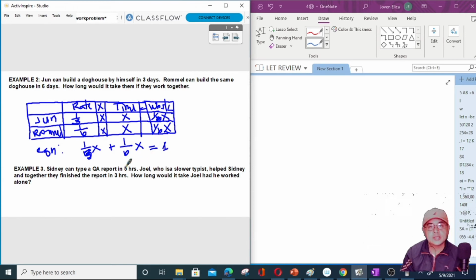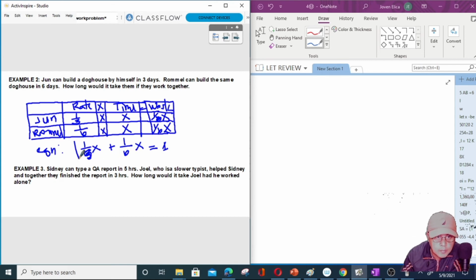We should always equate the given equation equal to 1 for the whole duration of the work. Okay, so this is always equal to 1. So therefore, to find the value of time when they work together, which is represented by x, we just simply simplify.